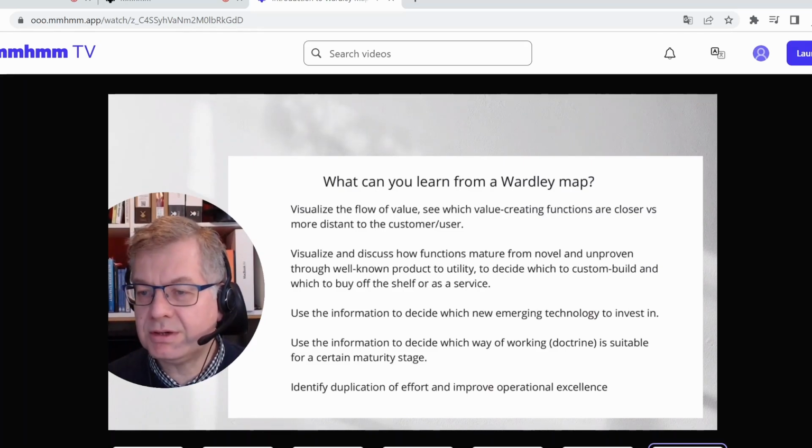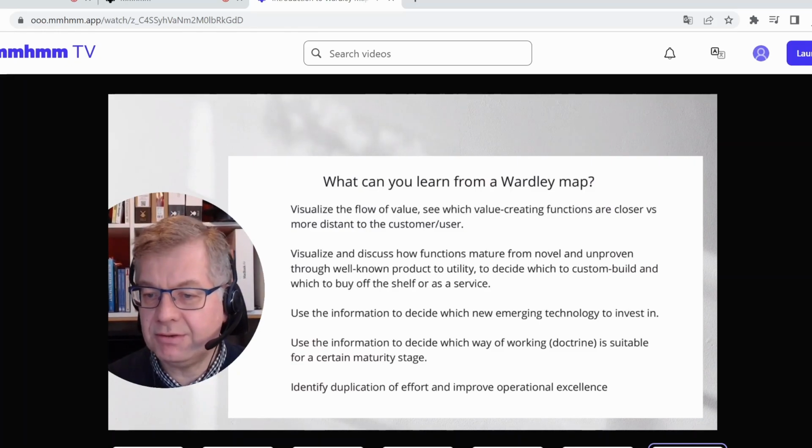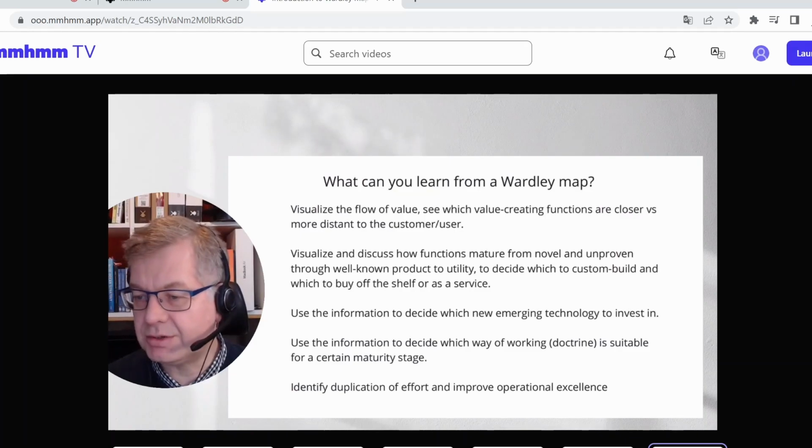To decide, for example, which to build as custom solutions and which to buy off the shelf or as a service. You can also use the information to decide which new emerging technology to invest in. Use the information to decide which way of working or doctrine is suitable for a certain maturity stage, and identify duplication of effort and improve operational excellence.